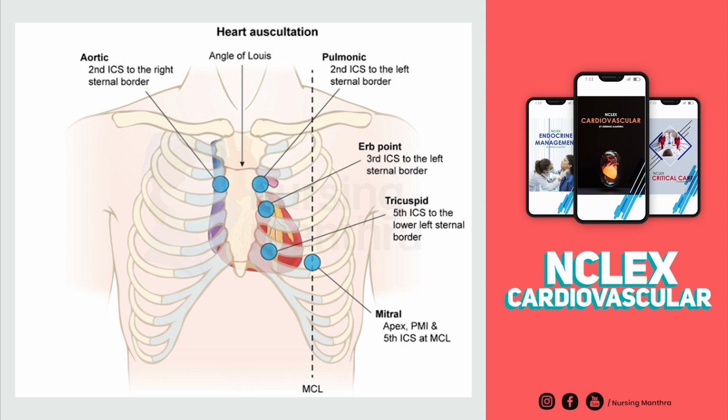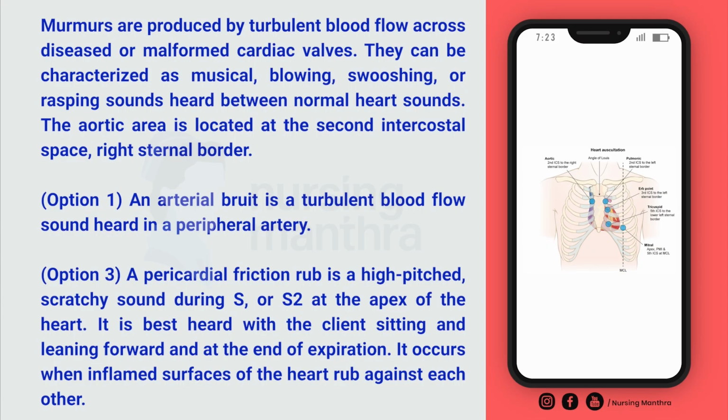Tricuspid area, that is fifth intercostal space to the lower left sternal border, and mitral area in the apex. Okay, fifth intercostal space and MCL and all. Sometimes in NCLEX questions, they can ask you to point out these areas. So always keep this picture in your mind.